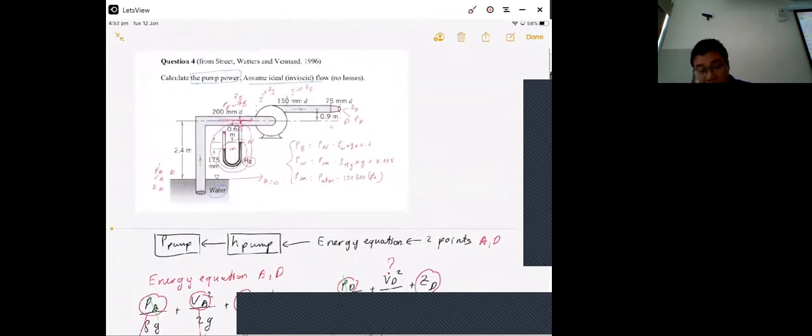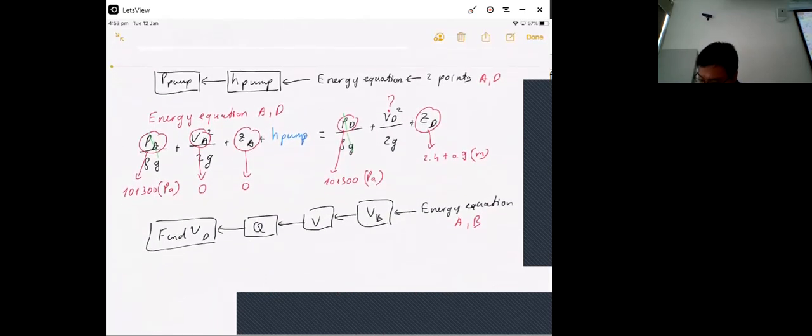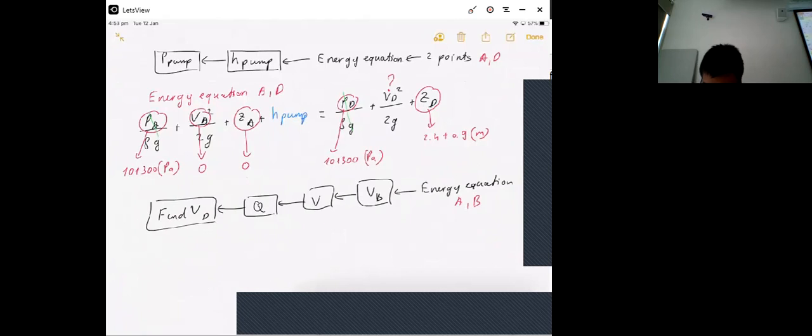Because between A and B, we don't have a pump, so in the energy equation you don't have the pump head. At point A we know everything. At point B, we know ZB and PB. So based on the energy equation between A and B, we can find velocity.